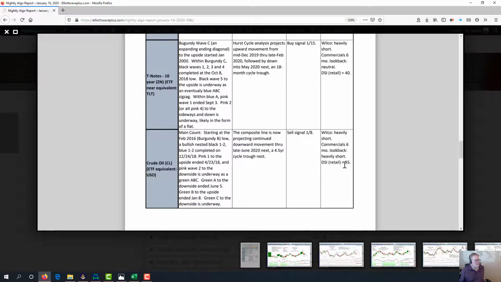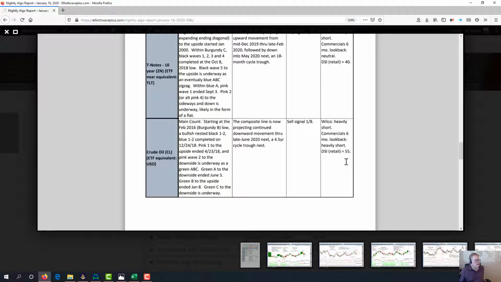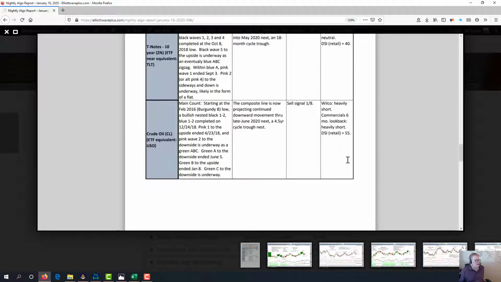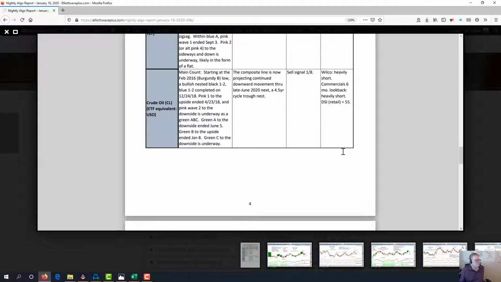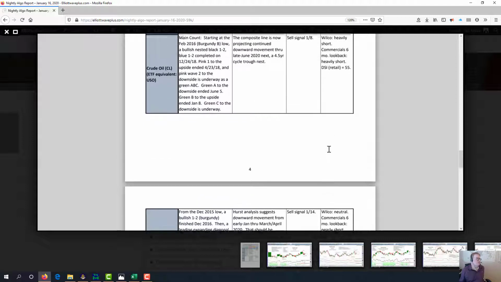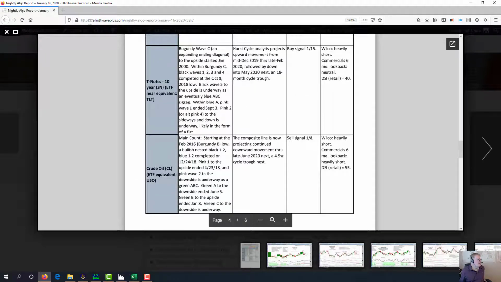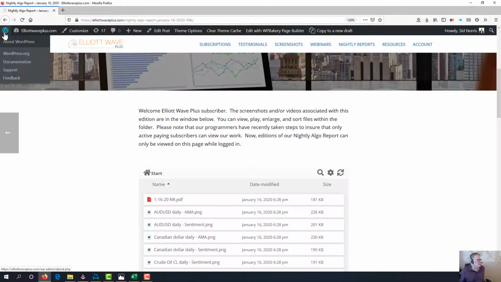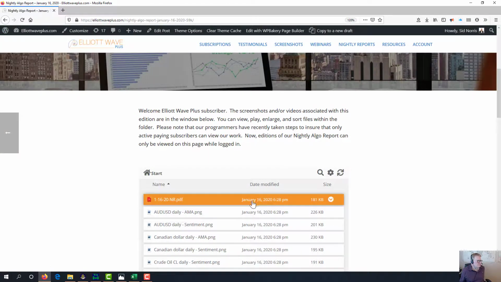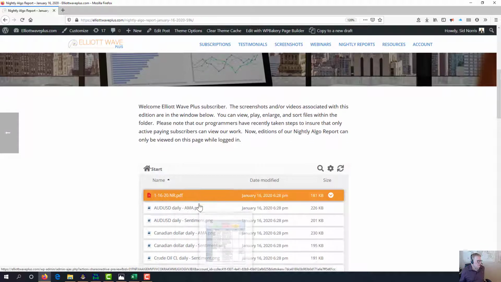I have found a little bit of an indicator workaround on that I can explain to you in a second. Crude oil, as you can see, is not particularly stretched. It's at a 55 right now, so on and so forth. So all that information is available every night to premium plan subscribers in the nightly report.